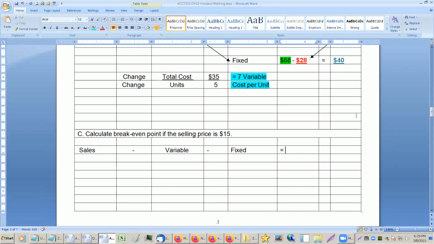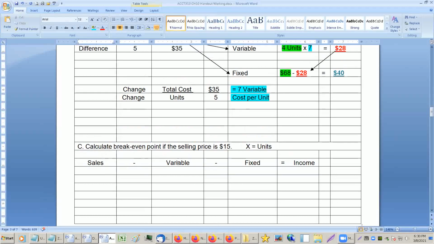Let's see the income. Okay. Somewhere I've got to put in, so I'm going to say that X equals units. Okay, so sales would be what?